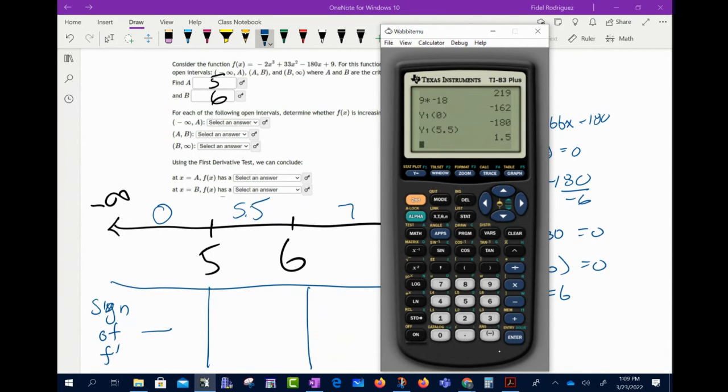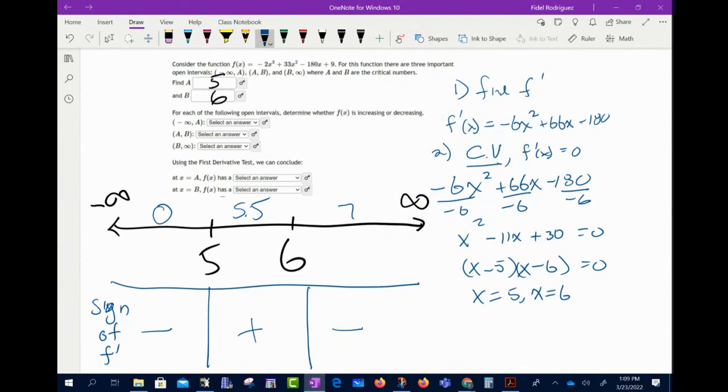The derivative here, positive. And we're going to do this one more time. We're going to evaluate this at a number bigger than 6. I said 7, John said 10. We could even pick 105. And the sign there is negative, right? Okay.